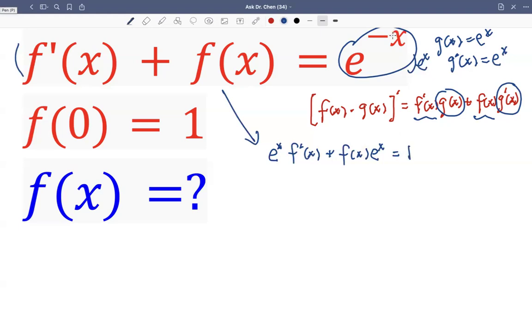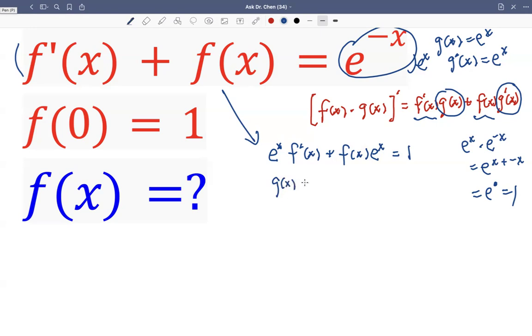Because e to the negative x times e to the x gives e to the x plus negative x, which is e to the 0, which is just 1. So now I can treat e to the x just as g of x.